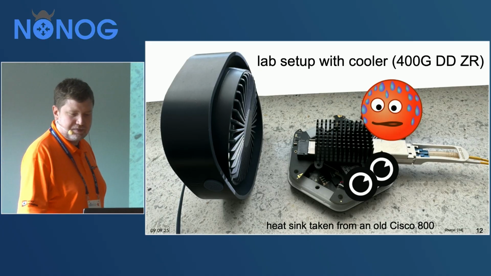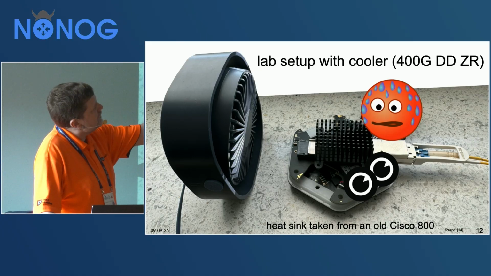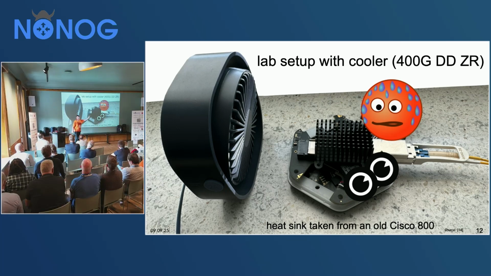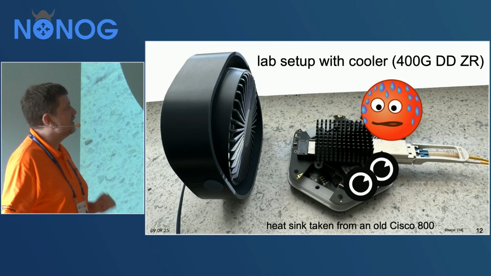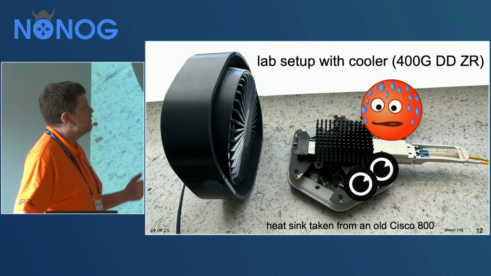And we took this from an old Cisco 800, and what you see below this heatsink is a coherent transceiver, a 400ZR this time. I will show you more curves, but no worry, even though this transceiver is more complex inside because of the 16 QAM coherent signal, the diagram will be much simpler.